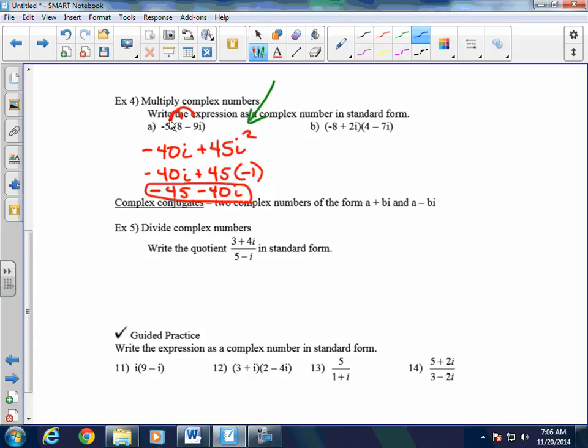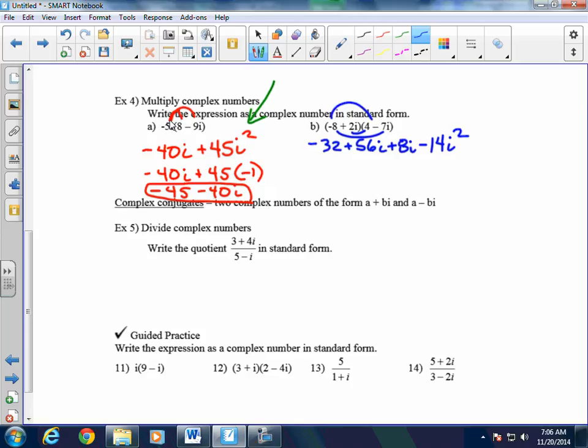Well, and the same thing is true for B. You have a binomial, so we're going to FOIL them. So that's going to give us negative 32 for the first, the outsides, plus 56i, the insides, plus 8i, and then the last is this negative 14i squared.